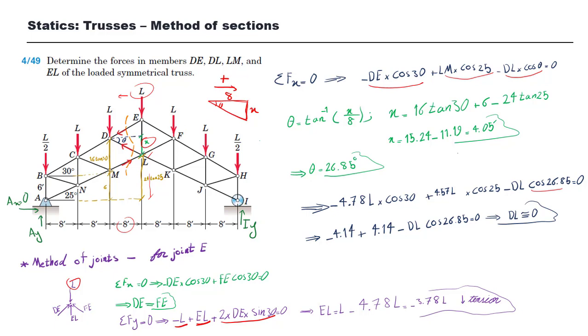By solving these equations, we have EL equals minus 3.78 L. This negative sign indicates that our first assumption was wrong, and we should correct our direction, and it shows us that EL is downward and is a tension member, and it's not compressive.